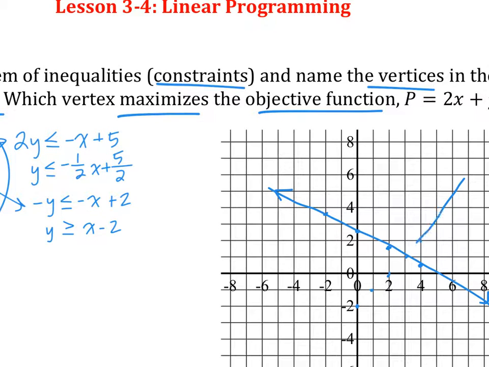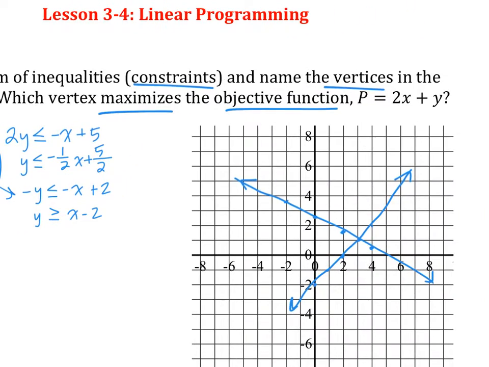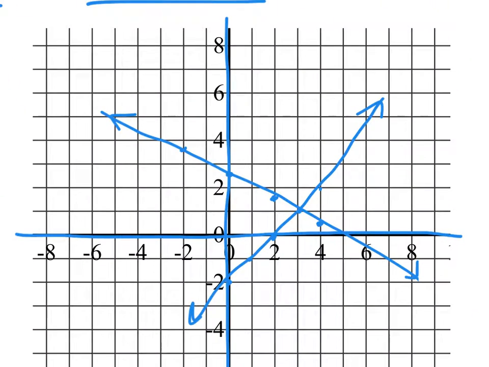Like this, and shades up. And then we have our two extra ones, x greater than equal to 0. That's the vertical line at 0, and shades to the right. And then y greater than equal to 0 is the horizontal line, shades up. So basically, the region that they all overlap is this one.